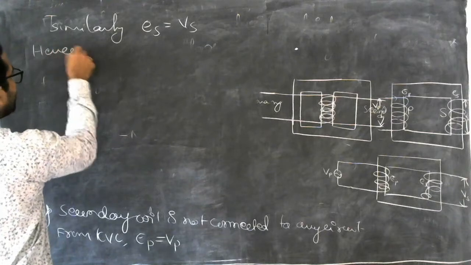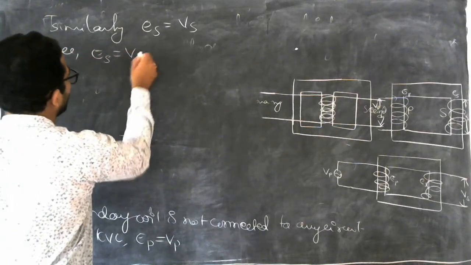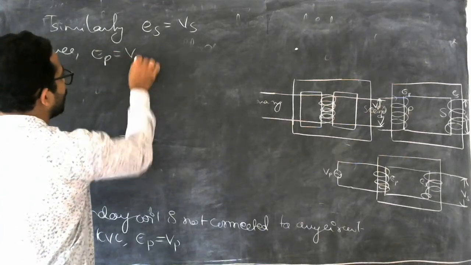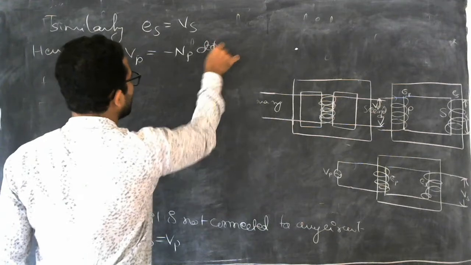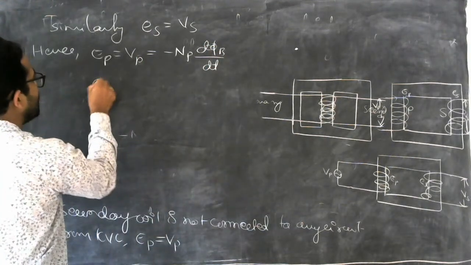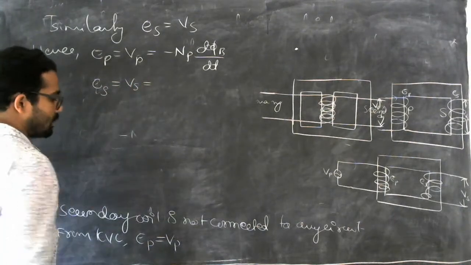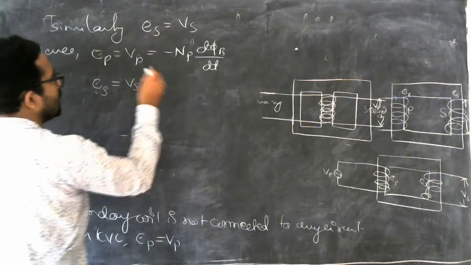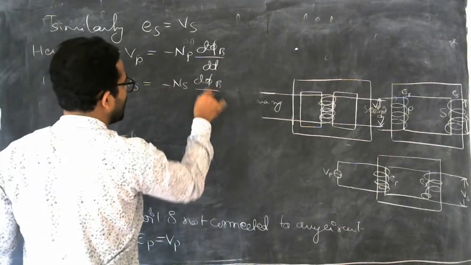Hence, EP is equal to VP, which is equal to minus NP into d phi by dt. And similarly, ES is equal to VS, so VS is equal to minus NS into d phi by dt.